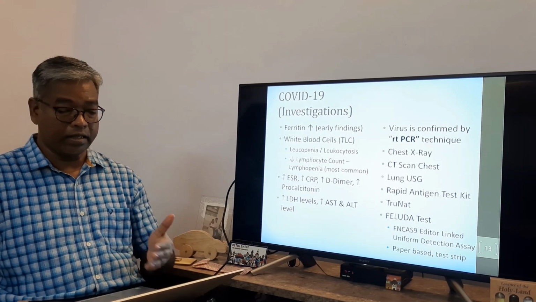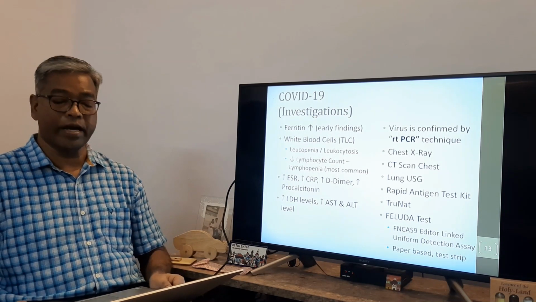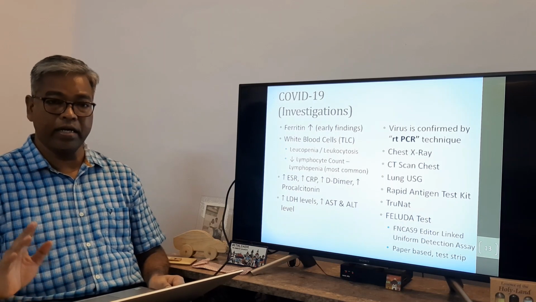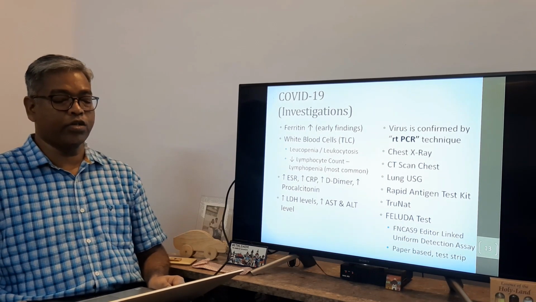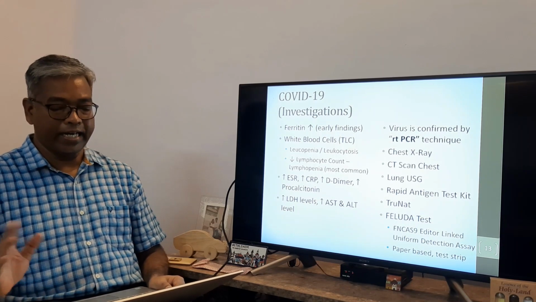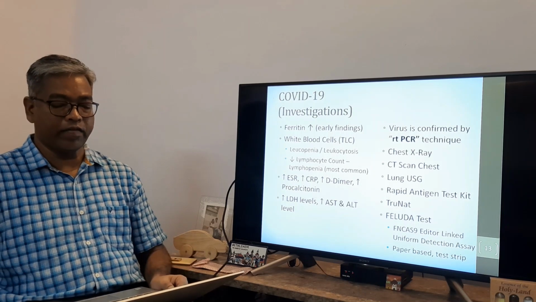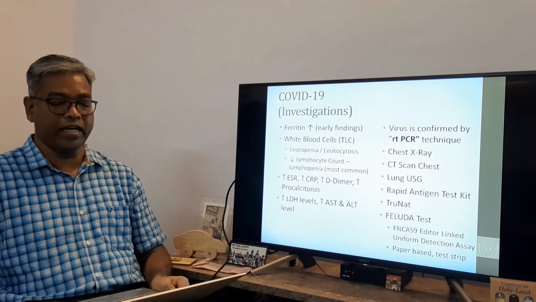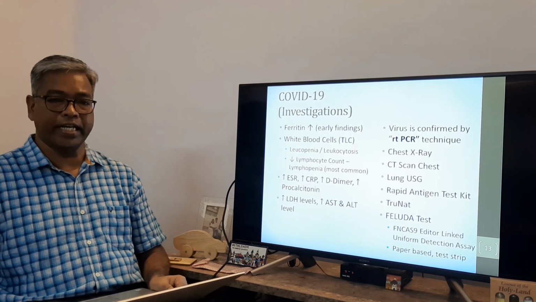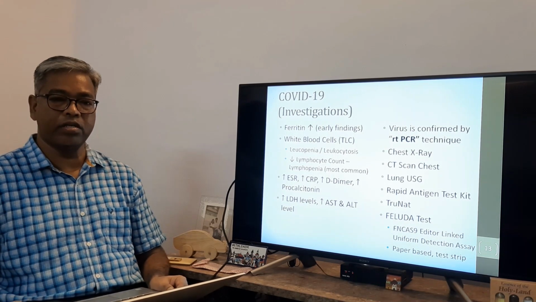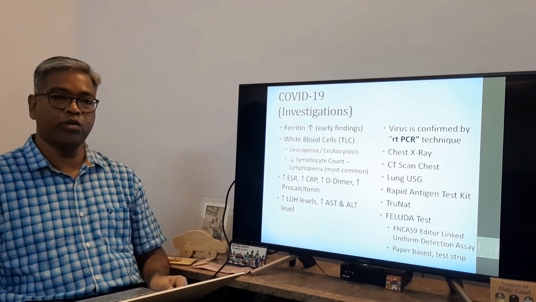And we see these are like ferritin, and then there's a rise in D-dimer, which can be a little more indicative, and there is a rise in procalcitonin, and that is also quite indicative towards this. And then others are like there's a rise in LDH levels, there's a rise in AST and ALT levels.